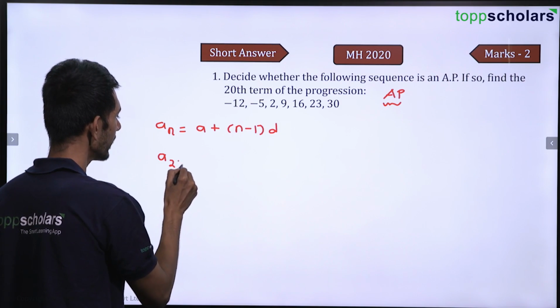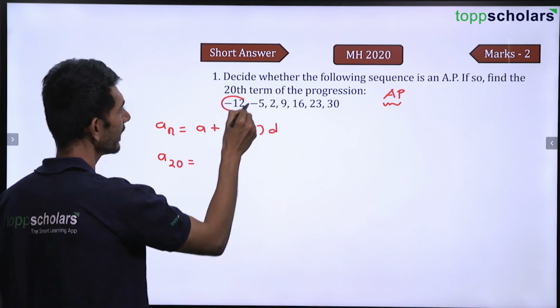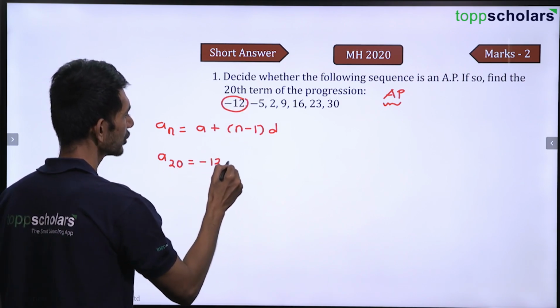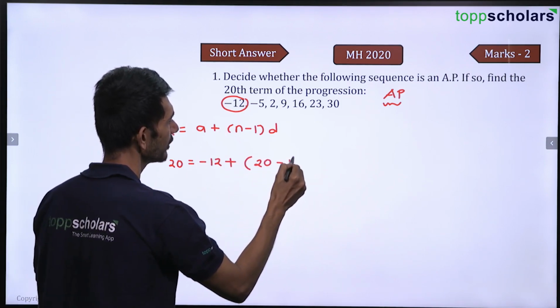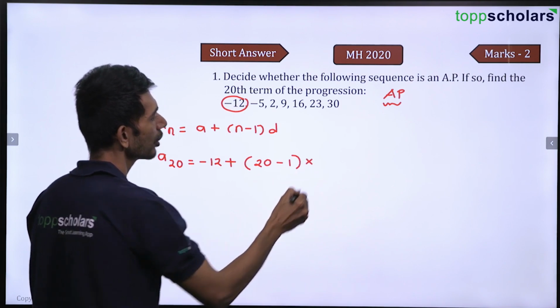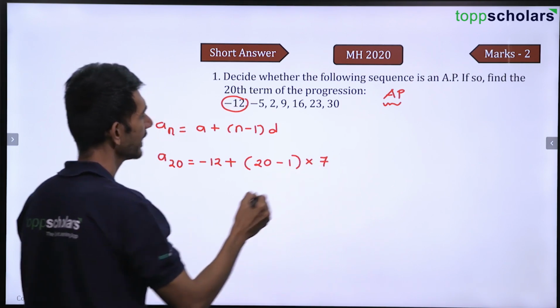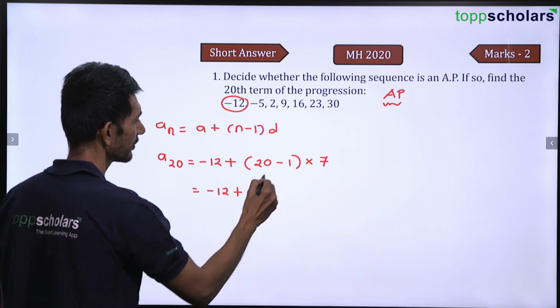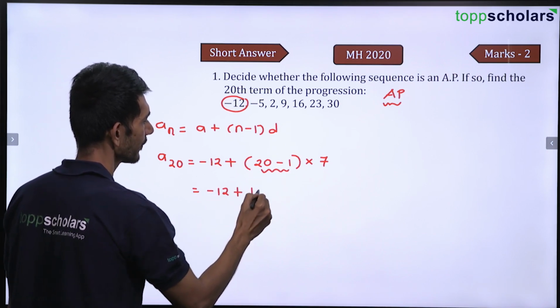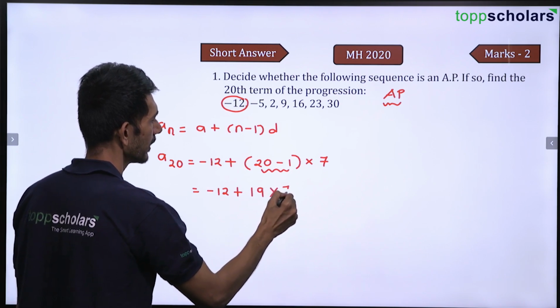So can I say a20 is equal to a? What is a? A is the first term, that is minus 12, plus n minus 1. N is 20, minus 1, into d. Common difference d is 7. So that gives you minus 12 plus 20 minus 1 is 19 into 7, right?